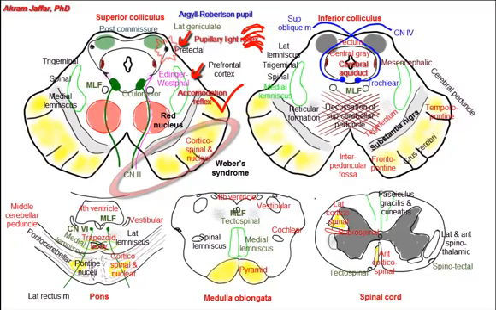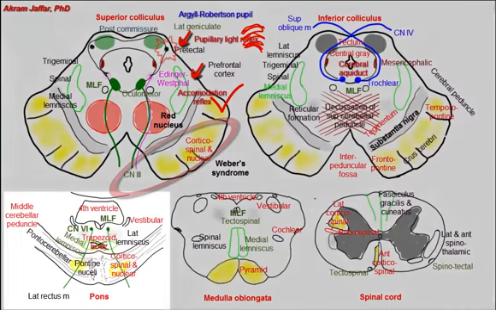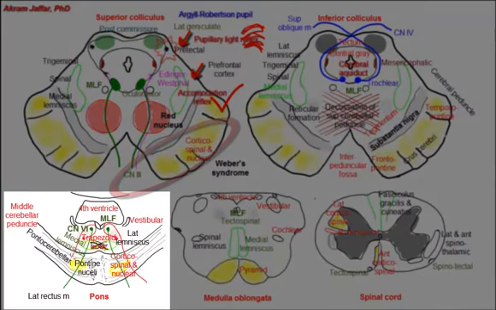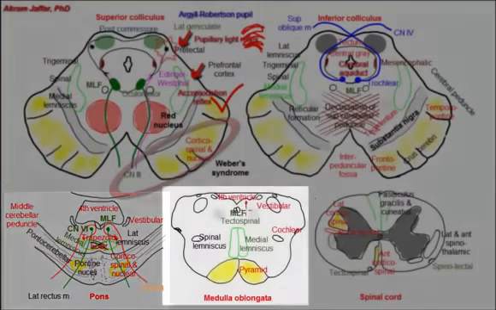The corticonuclear fibers supply the motor nuclei of the facial nerve and the hypoglossal nerve, which are located lower down. The facial nerve nucleus is located in the pons, and the hypoglossal nucleus is located in the medulla oblongata.